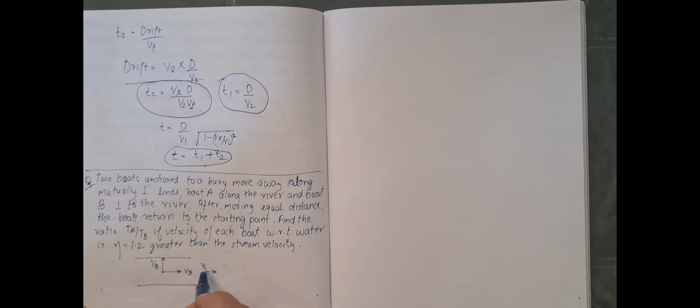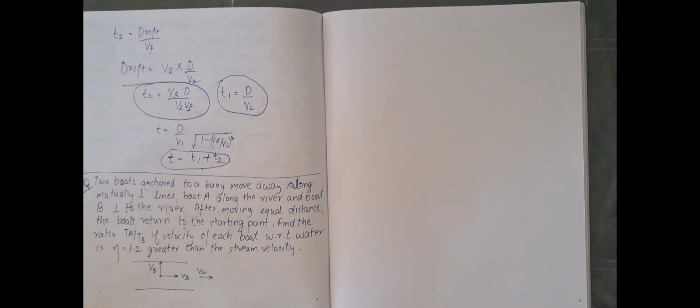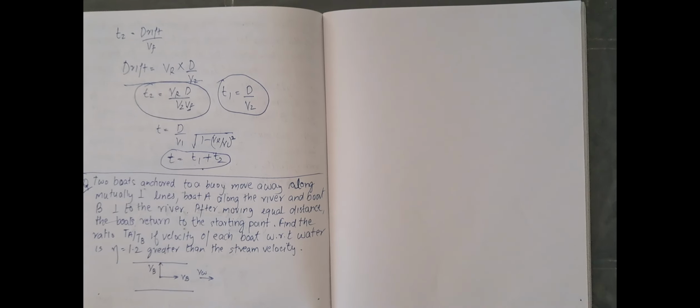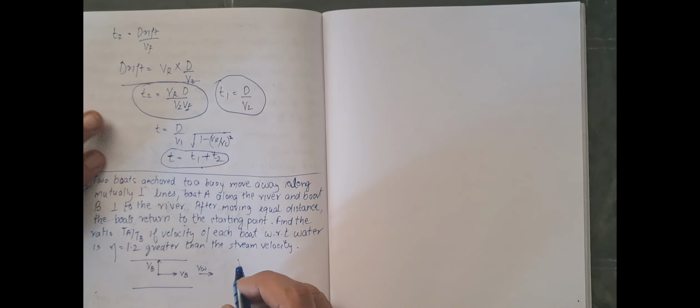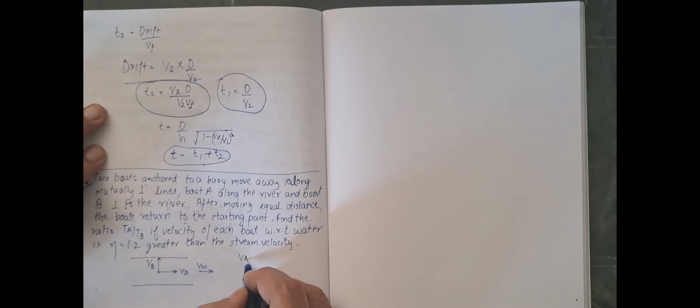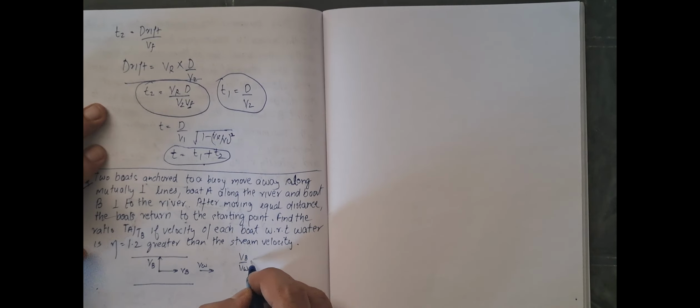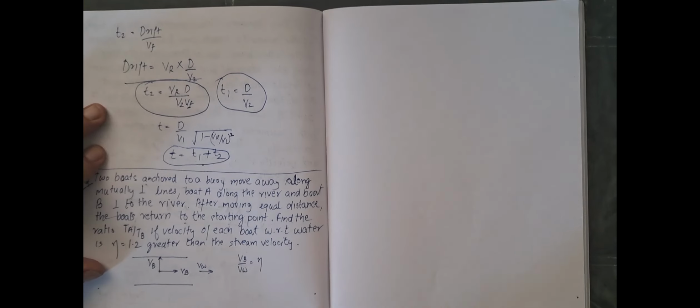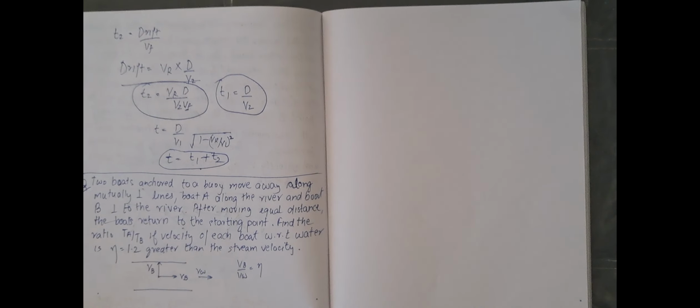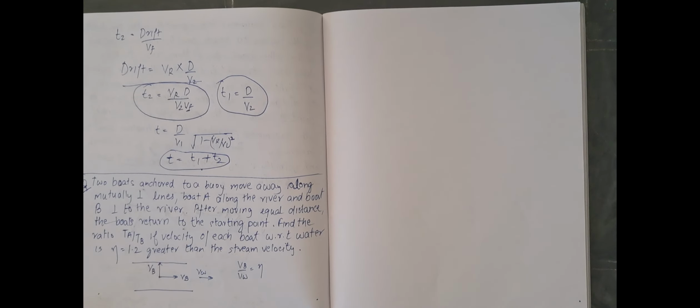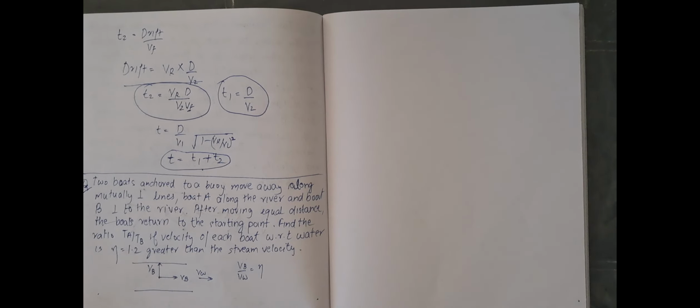Velocity of water is VW. It has been given to us in the question that VB by VW is equal to eta. VB is the velocity of the boat and VW is the velocity of the water in the river or stream.